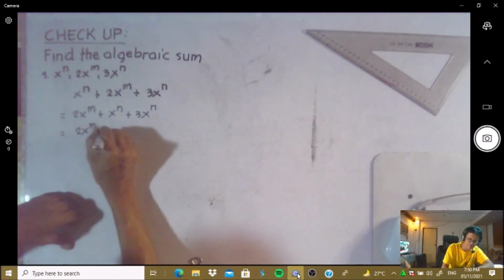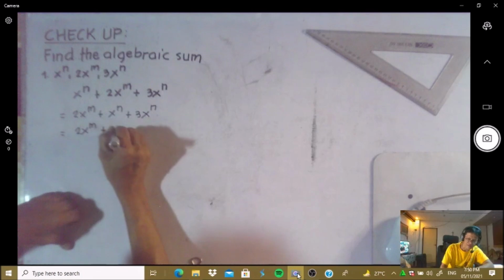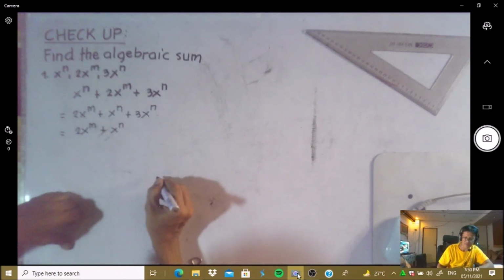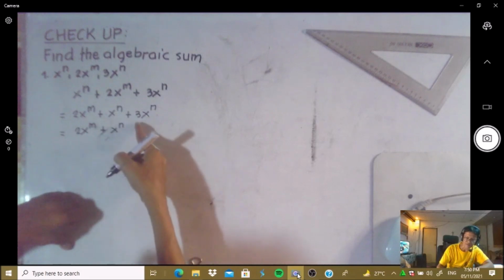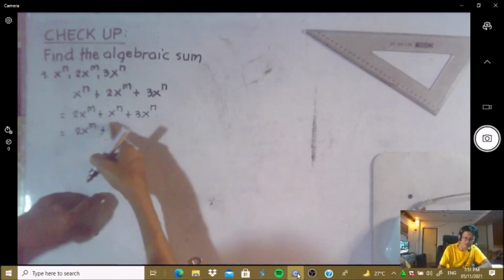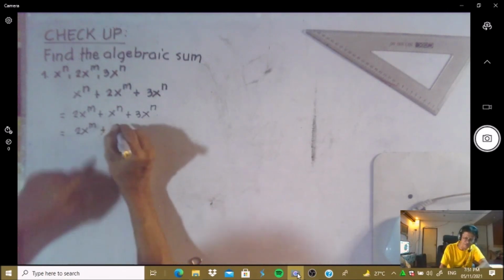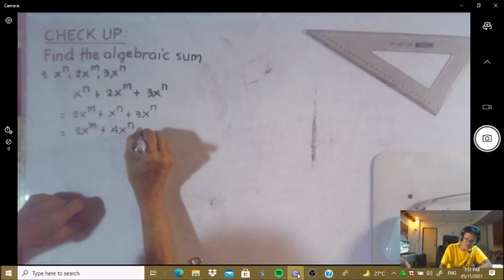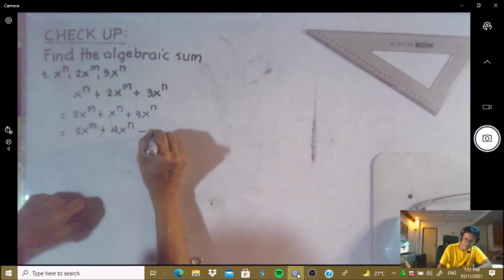Then we have x raised to n plus 3x raised to n. So meaning we have here 1 and we have here 3. Therefore, that will be equal to 4x raised to n. Therefore, this is now our final answer.